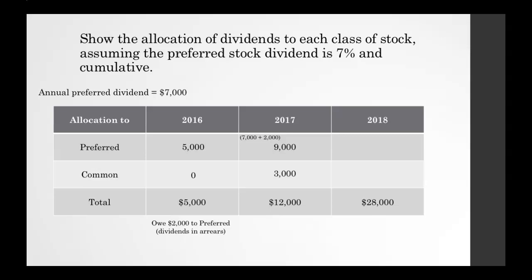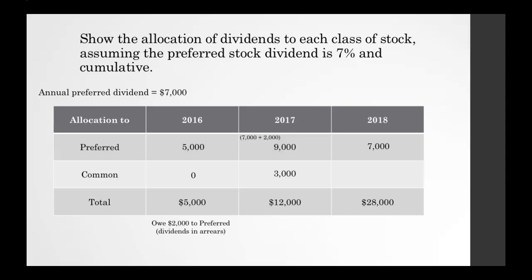And after 2017, we don't owe any dividends in arrears, right? There aren't any cash dividend amounts from previous years that we still owe. So we are all paid up through 2017. That comes into play now in 2018, right? 2018, a great year for the company. Now we can give out $28,000 in cash dividends. So what are we going to give preferred?